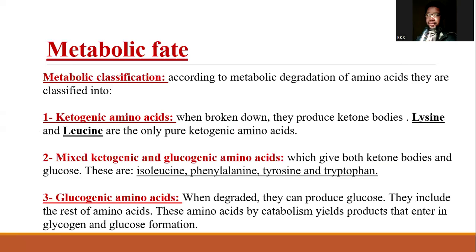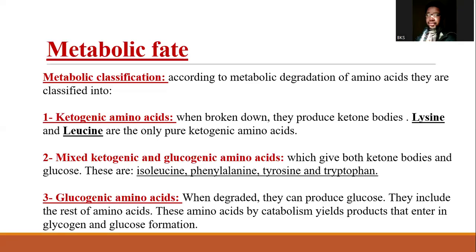Now, the next one is classification based on metabolic rate, where we said some amino acids in the biological system are converted to acetyl-CoA. From acetyl-CoA, they are converted to ketone bodies, while some amino acids can be converted to glucose. So when you take excess food, excess proteins will have to be converted to amino acids, and because these cannot be stored in the body, they have to be excreted.